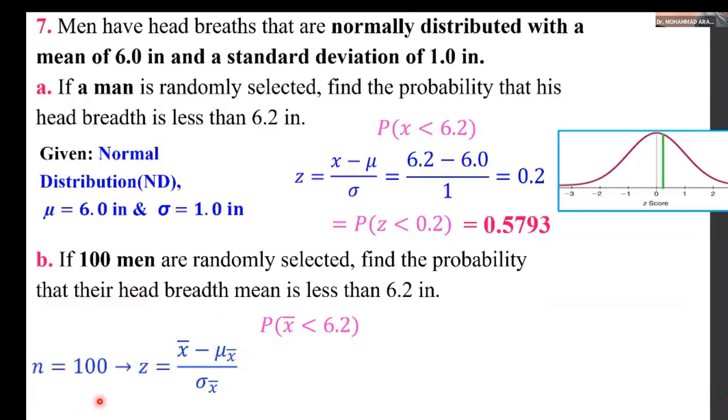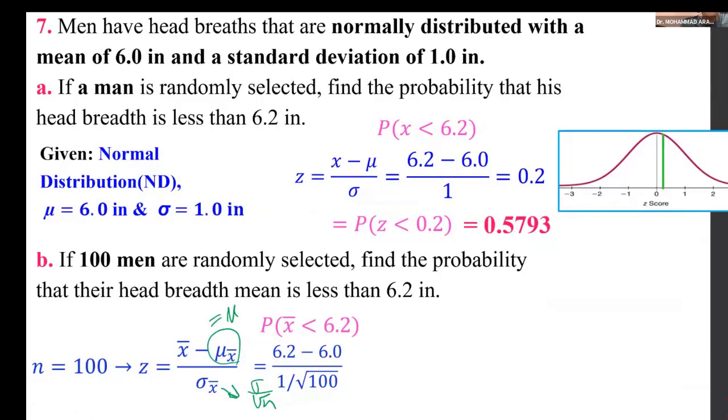So this equals mu. But this is sigma over square root of n. And therefore, this is a complex fraction. Square root of 100 is 10, divided by 1 over 10 means multiply by 10, and 0.2 becomes 2.